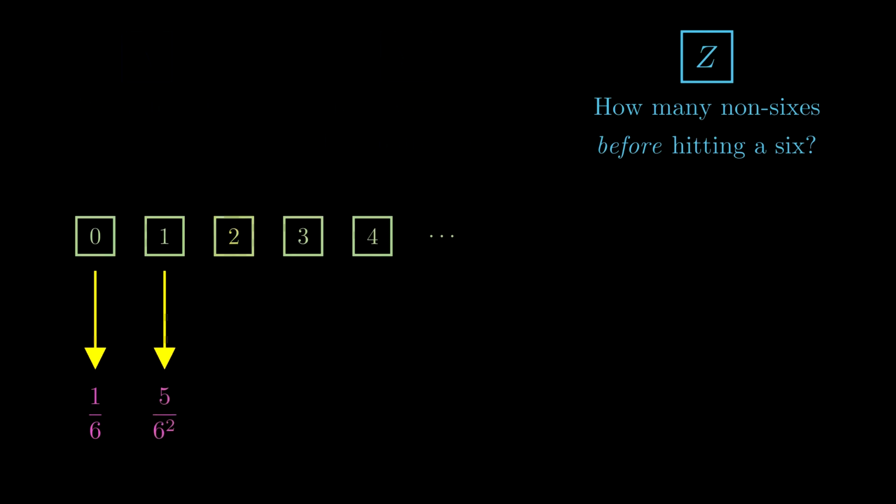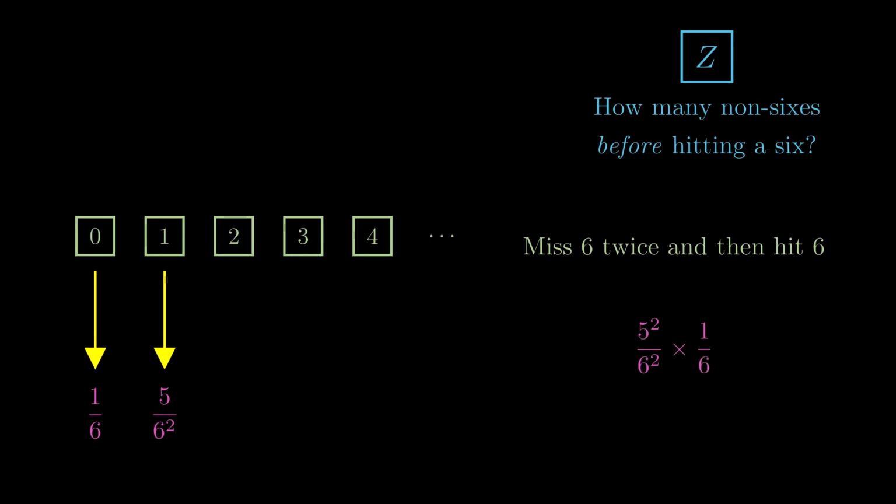What about 2? Well, 2 means he failed twice, so he must have missed the 6 on the first 2 rolls and then hit it on the third. Missing the 6 twice means we square that probability of 5 out of 6 as before, and then hitting the 6 again has probability 1 out of 6.